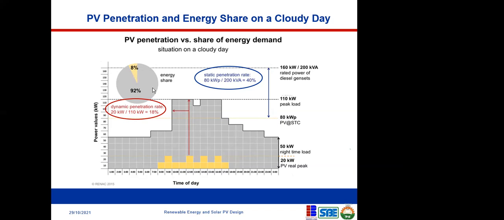When somebody tells you, okay, we have installed a solar system, I'm trying to make you understand the essence of this energy share and penetration rate. If somebody tells you they installed a solar system of a certain capacity, sometimes you can tell the level of performance of those solar systems by asking about the energy share, if they have those data.